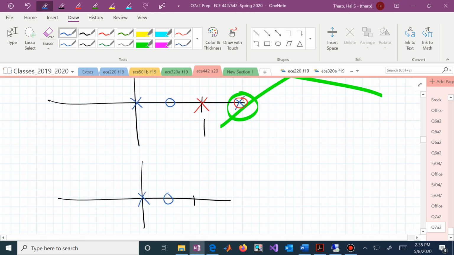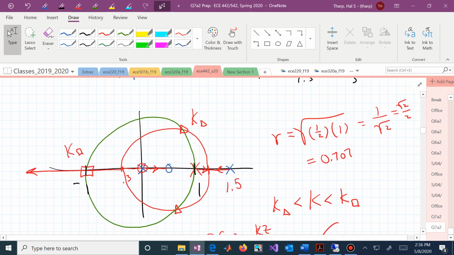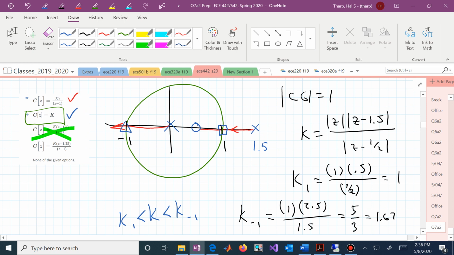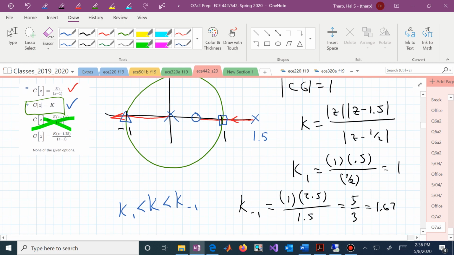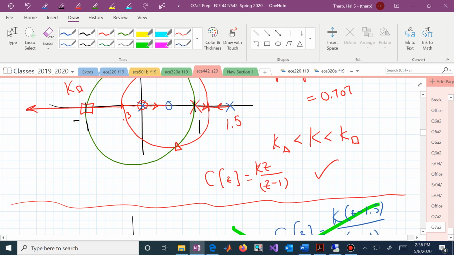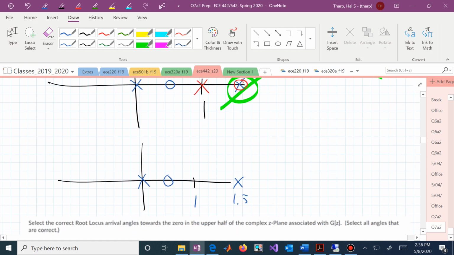The next one, controller-wise, is now k times a 0 at 1.25 and a pole at 1. So now we have a 0 here and a pole there. And let's draw our root locus.